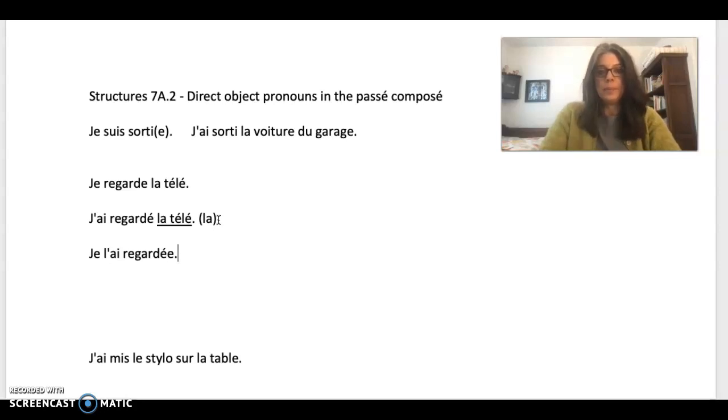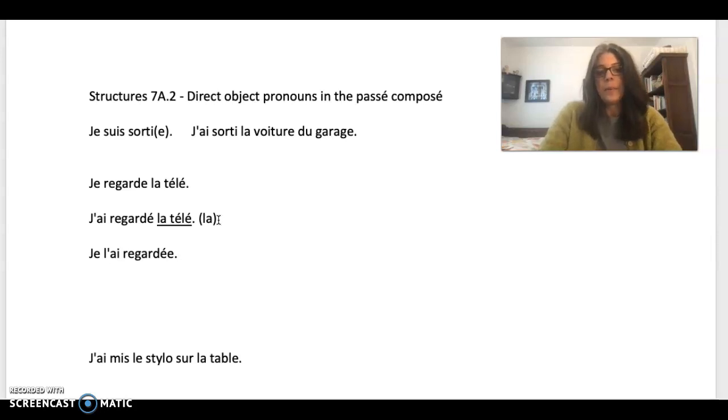I know, you're probably rolling your eyes right now. It just is what it is. This is one of those things, if you made a mistake when you were speaking, in this one, it doesn't make a difference. It's pronounced the same way. Je l'ai regardé. If you forgot the E in your mind, no one would know because it's pronounced the same way. We're going to see below, sometimes it affects the pronunciation.